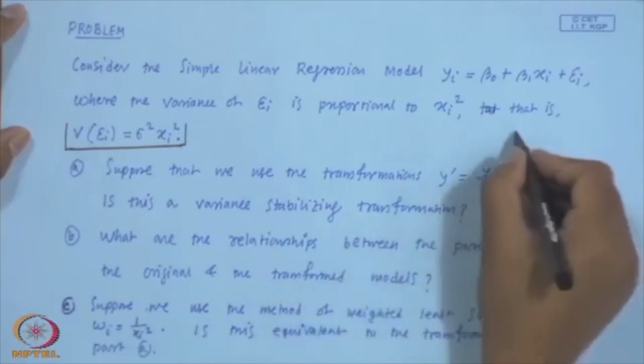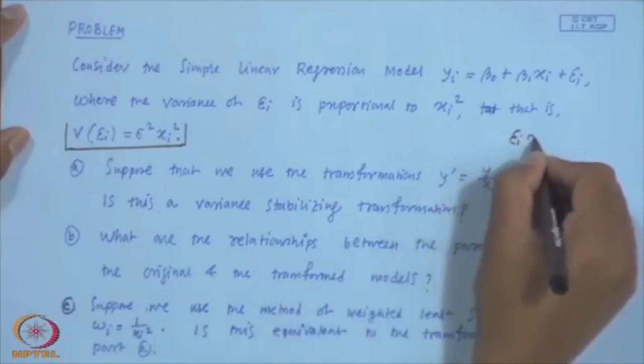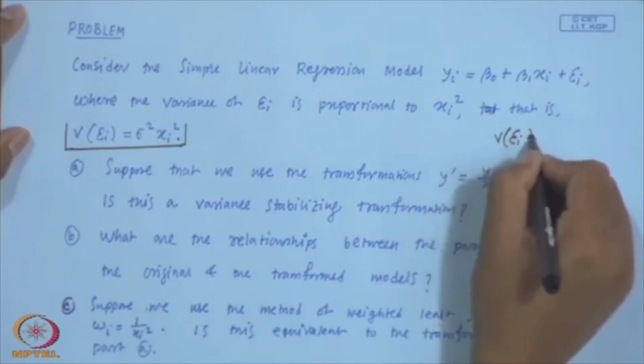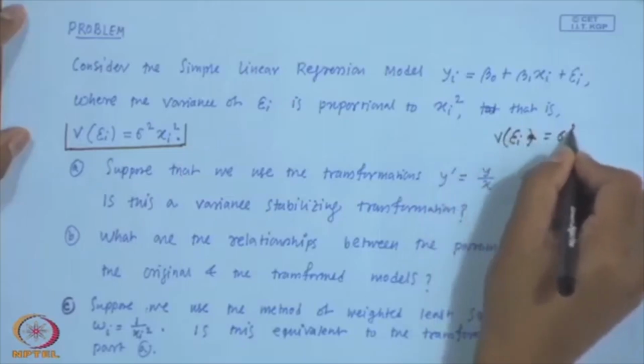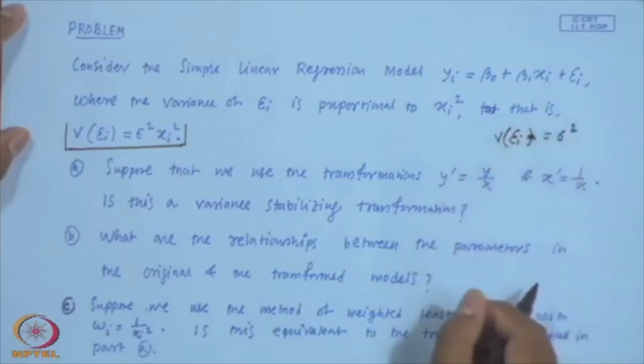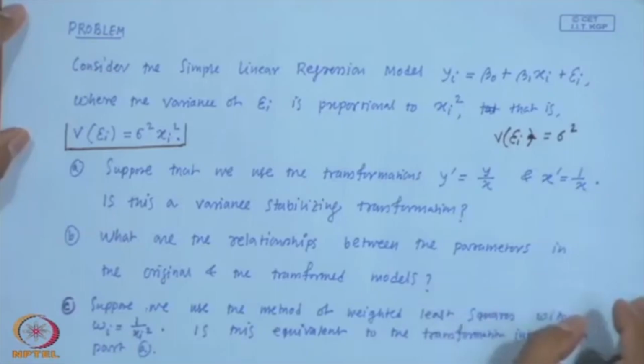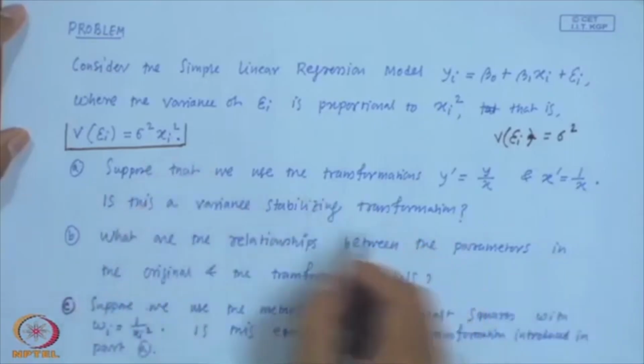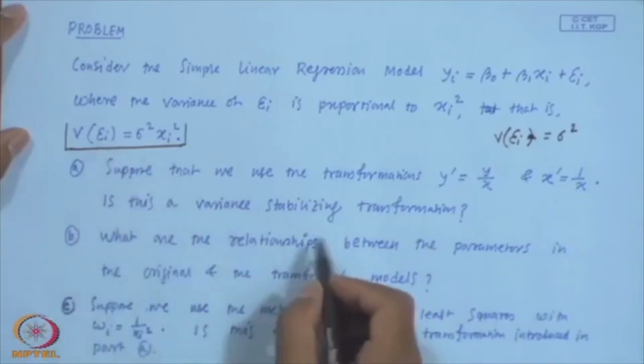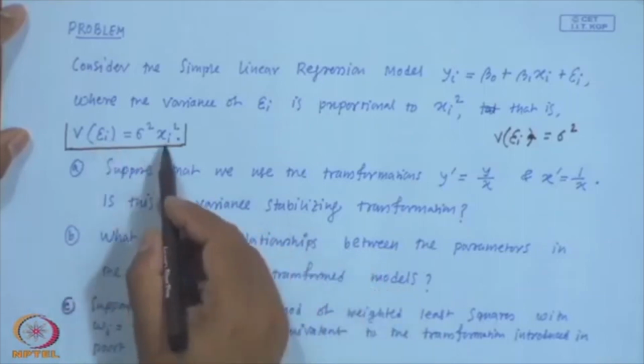So, usually if the variance of epsilon_i is equal to sigma squared, then we go for the ordinary least square technique, but that is not true here. Variance is changing for different i and it is proportional to x_i squared.